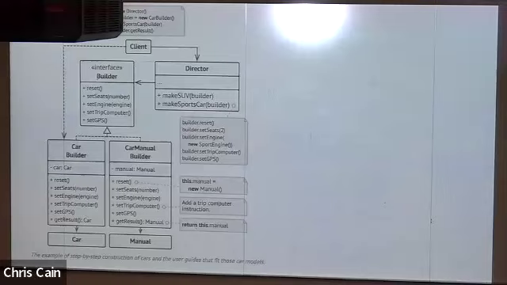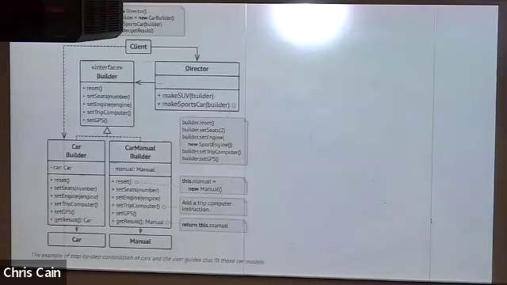And you can imagine now that the builder knows how to produce both the car and the car manual, such that that gets returned as an object, an SUV and an SUV manual, or a sports car and a sports car manual, to the director, which returns them to the client.